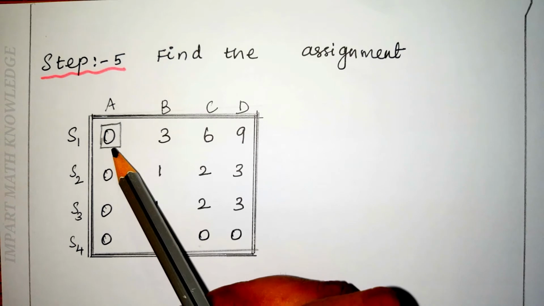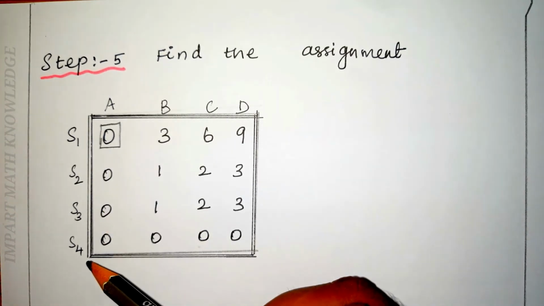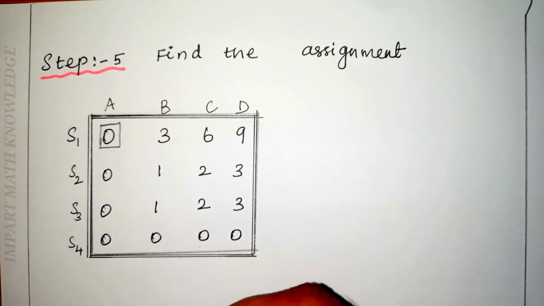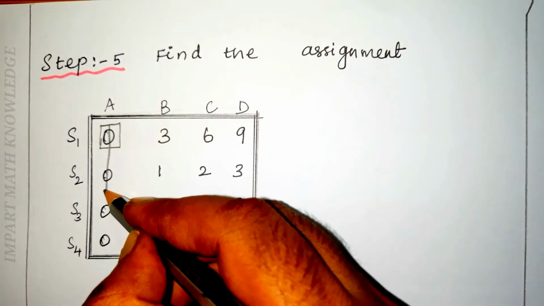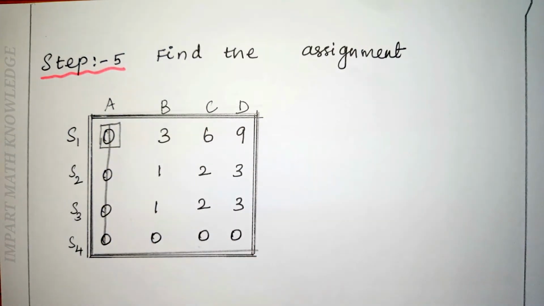Once we mark the square, we have to draw a vertical line passing through this 0. Then we go to the next row. The second row, no 0. Third row also no 0. The fourth row we have 3 zeros, so you skip that row.